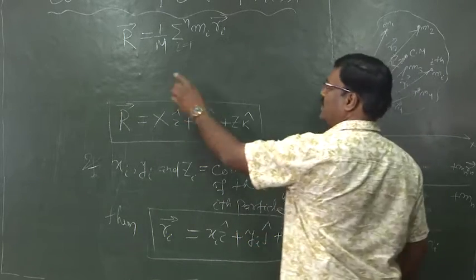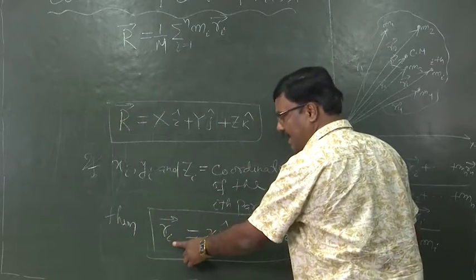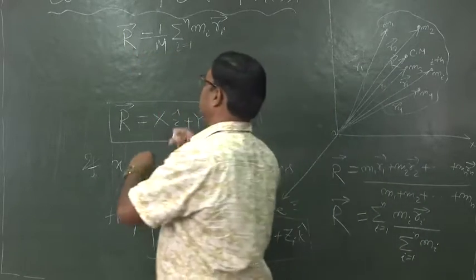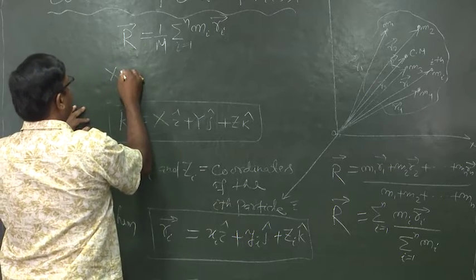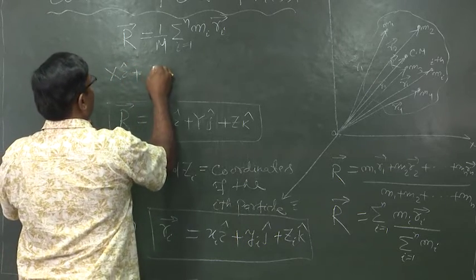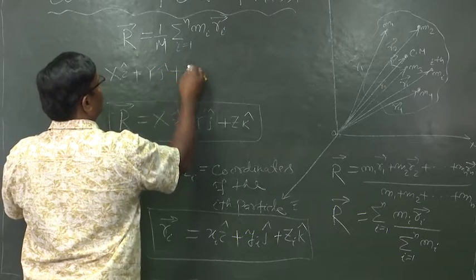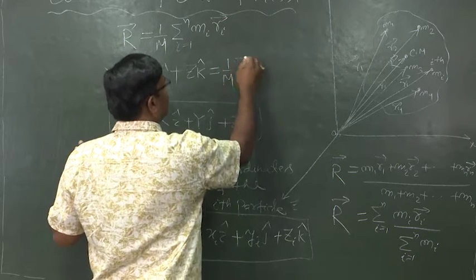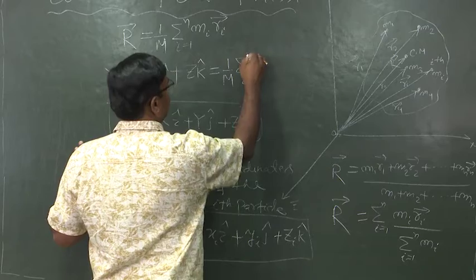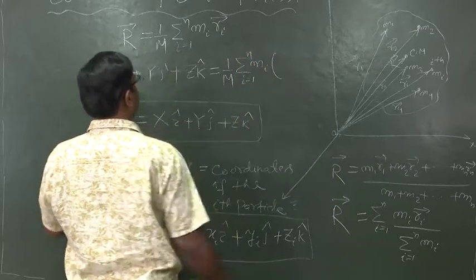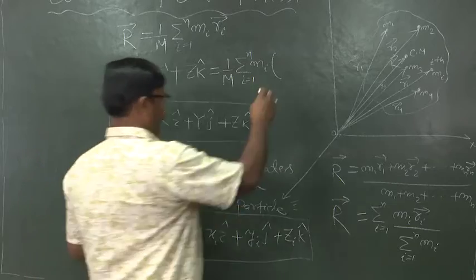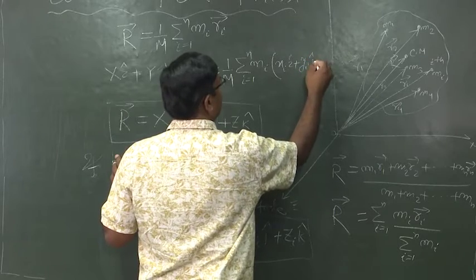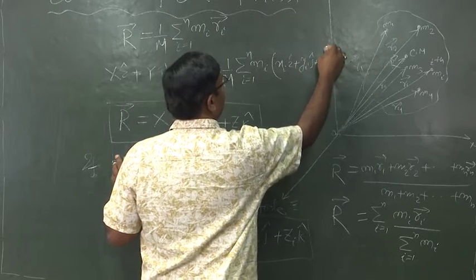So, putting the values of capital R vector and Ri vector from these two equations, in this equation we can write X i cap plus Y j cap plus Z k cap is equal to 1 by M sum over i is equal to 1 to n mi within bracket, we can write Ri as xi i cap plus yi j cap plus zi k cap.